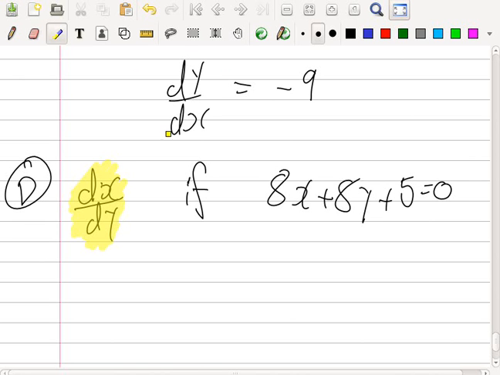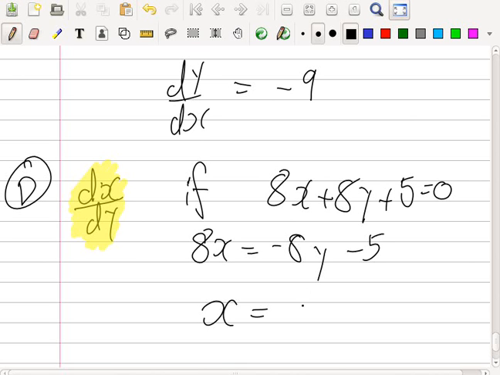So instead of dy/dx, I have dx/dy, which means instead of having y equals dot dot dot x, I should have x equals dot dot dot y. So a little bit of rewriting here. Because you have the y as well. x equals minus y minus 5 over 8.